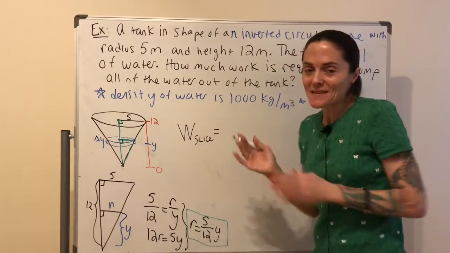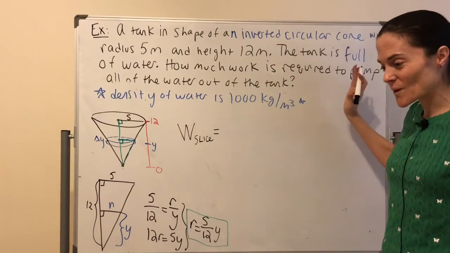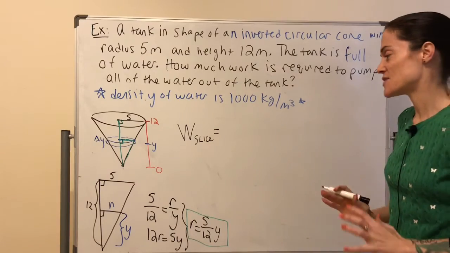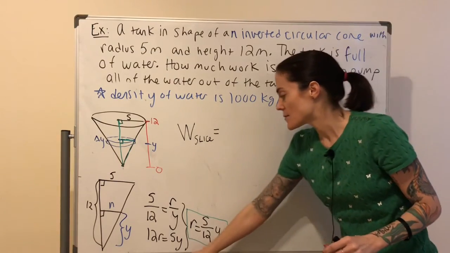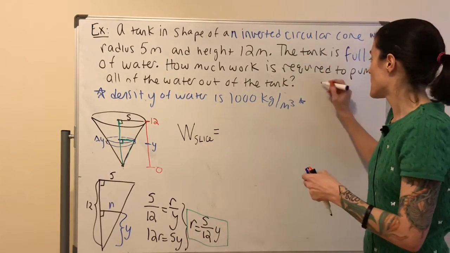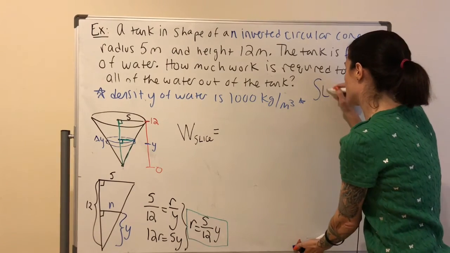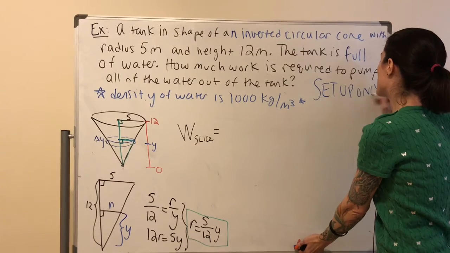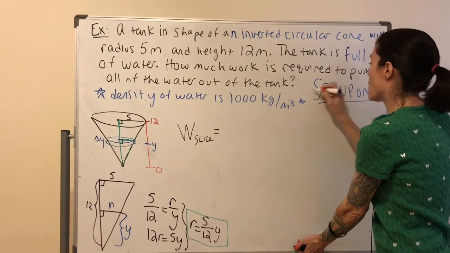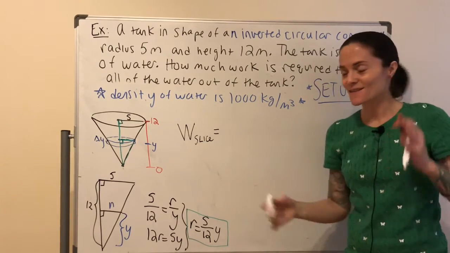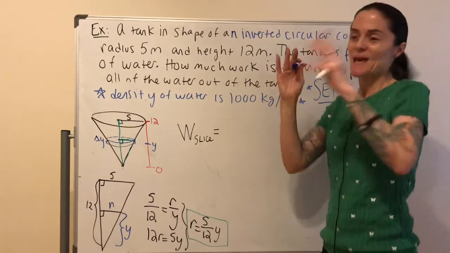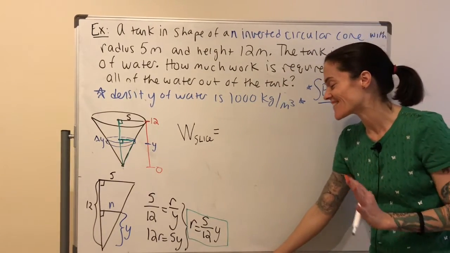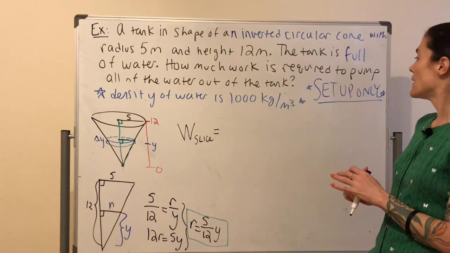We need the volume of the slice as well, but let's do the whole work and then we'll set up the integral. Again, we will set up only, and you can integrate this if you like, or put it in your software or fancy calculator to actually integrate it if you want the actual number.